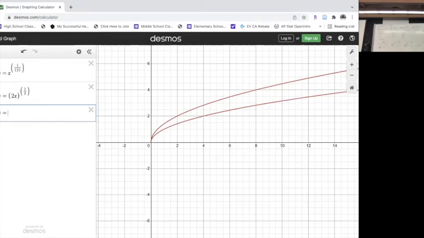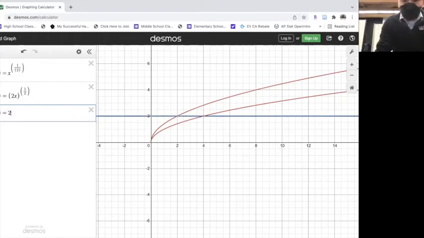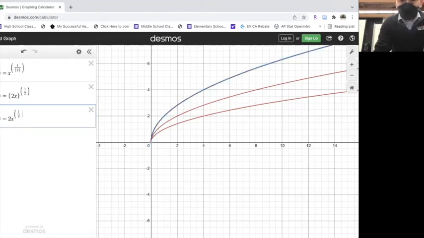Probably taller, isn't it? Because before it was just square root of 2, every number you got is inside the square root. This time it's just whatever that one was. Well, let's see. I don't know if that's true or not, right? Because that's 2x to the power of 1/2. You see it? It goes faster.